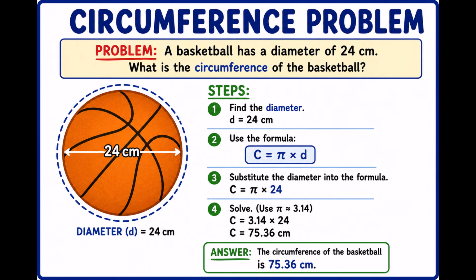So every time you see this little house-looking thing, call it pi, and understand that it represents 3.14. So circumference equals 3.14 times 24 in this case. So the answer of the circumference is 75.36 centimeters. That is the circumference of the basketball.